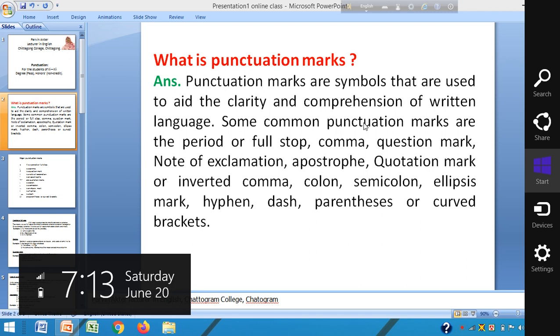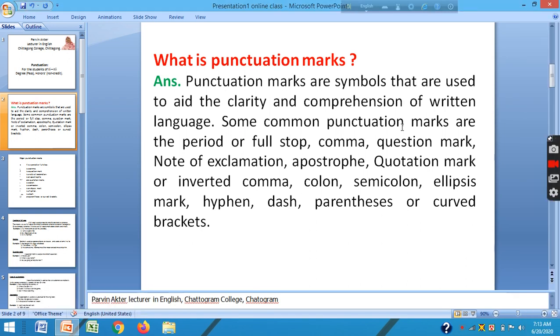Some common punctuation marks are the full stop or the period, comma, question mark, note of exclamation, apostrophe, quotation mark or inverted comma, colon, semicolon, ellipsis mark, hyphen, dash, parenthesis or curved bracket.